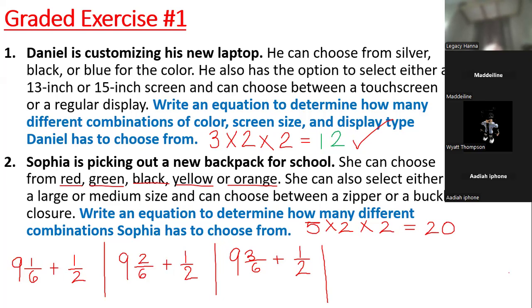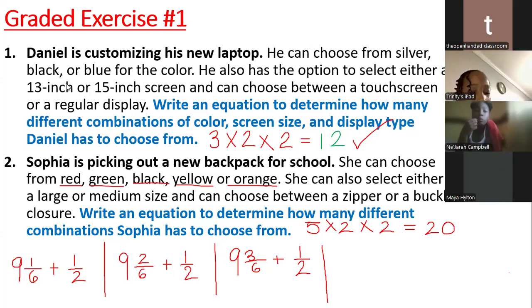And then you add 2. What does that give you on the top? 54 plus 2 is what? 56. Good. 56.